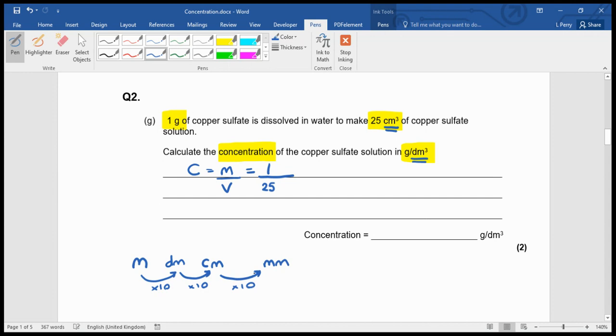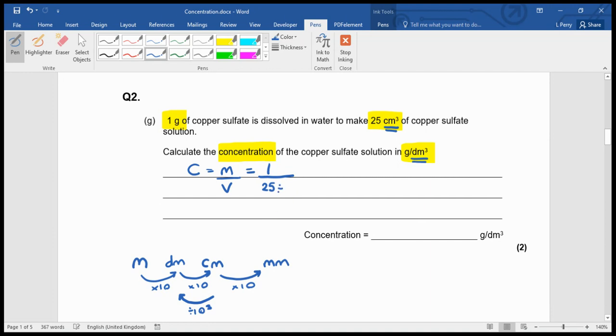Now, I do want to go the other way. I want to go from centimeters cubed to decimeters cubed. So I want to go from centimeters to decimeters. So I'm going to divide by 10. But I want to do it cubed. So I cube it. So to change my 25 centimeters cubed into decimeters cubed, I divide by 10 cubed.